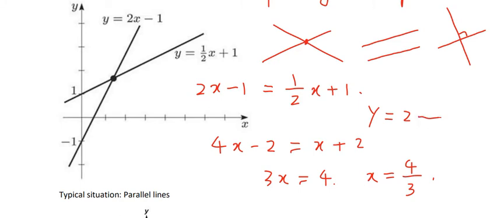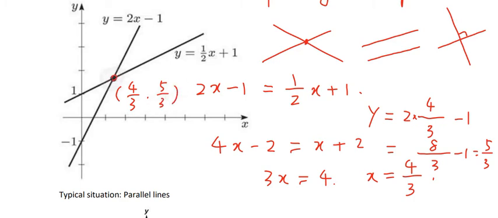So 2 times 4 over 3 minus 1, that's 8 over 3 minus 1, which equals 5 over 3. So this point, x is 4 over 3 and y is 5 over 3, is the intersection.